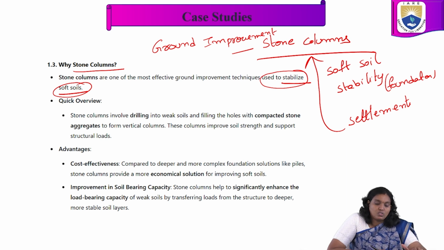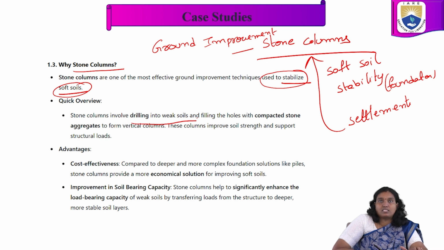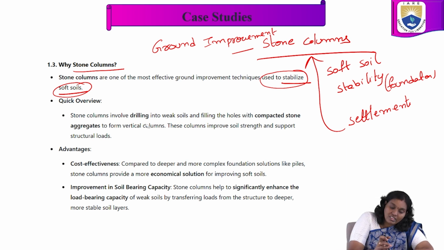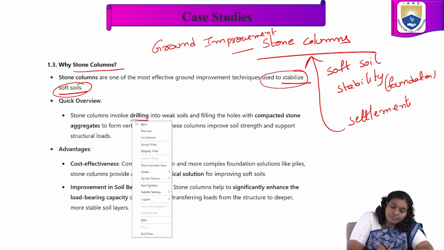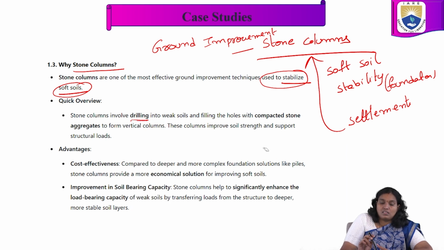Stone columns involve drilling into weak soils and filling the holes with compacted stone aggregates.